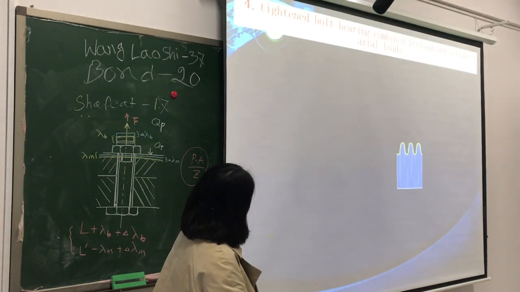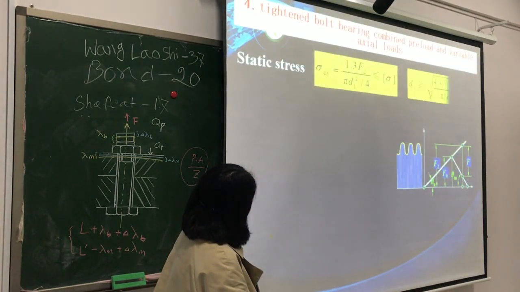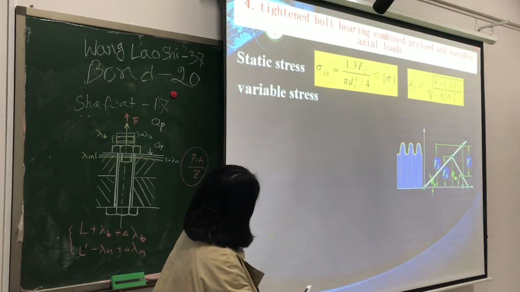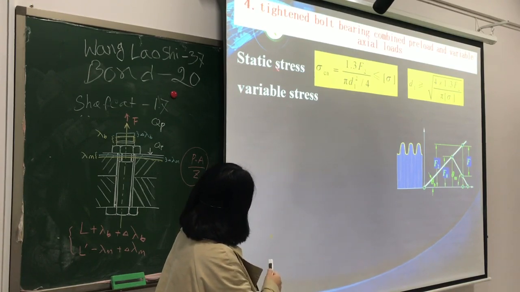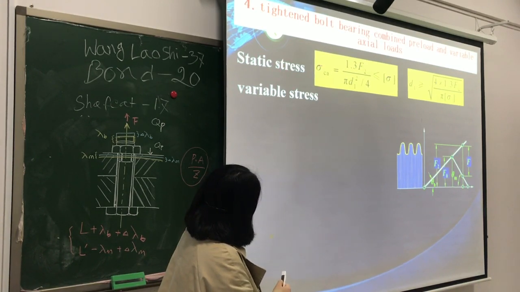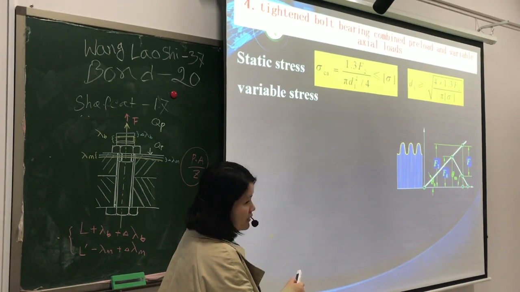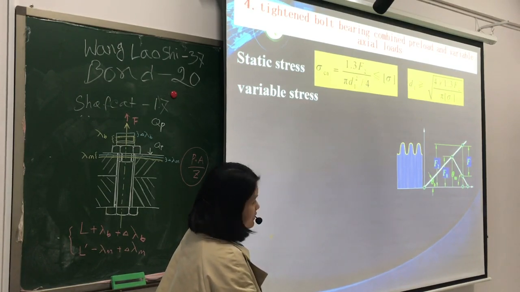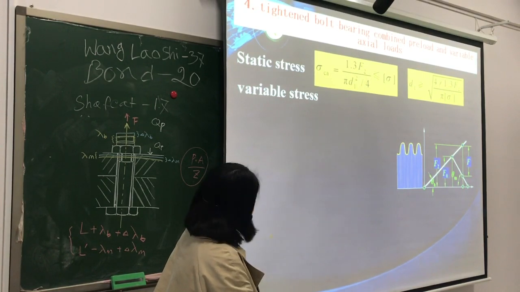And this is the condition of combined preload and variable axial load. For static stress, sigma CA can be calculated using this equation. When designing, the D1 should be larger than this.